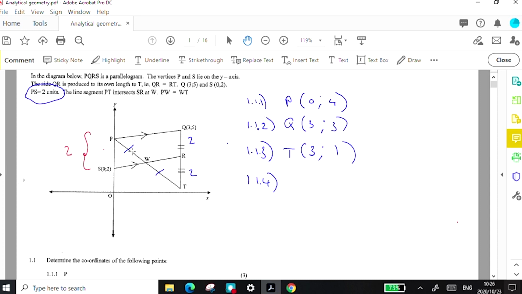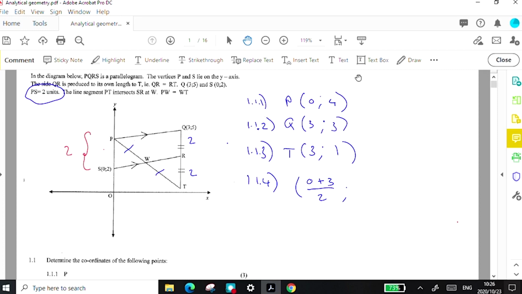So we'll take the average of x. From p, we have x equal to 0, and from t, we have x equal to 3. And we want to divide this by 2.